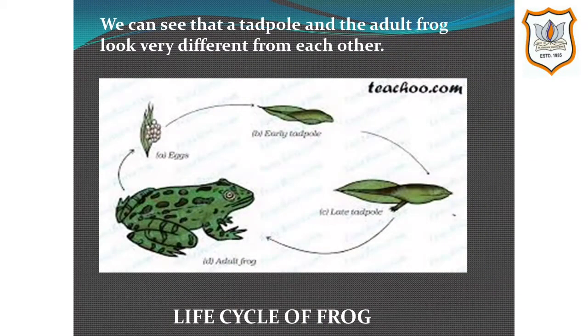Students, we can see from this figure which is shown in the slide that a tadpole and the adult frog look very different from each other. The body features which are present in an adult frog are not present in its immature form called tadpole.